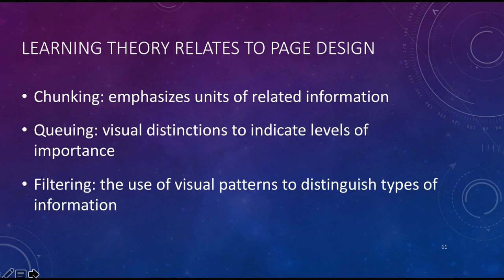And filtering is the use of visual patterns to distinguish types of information. You may or may not have noticed in your Blackboard course that I use the color red to indicate a graded assignment. So anything that's in red is a graded assignment. That's a type of filtering, a use of color to distinguish information to you.